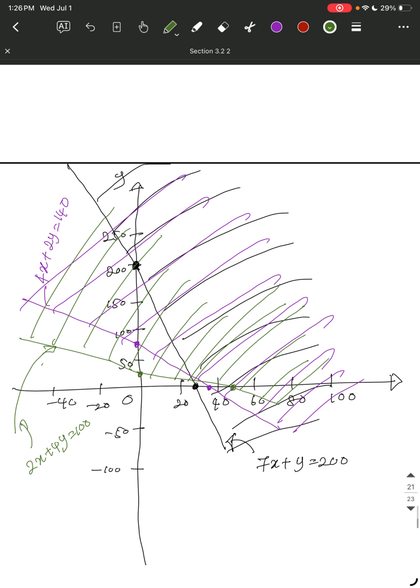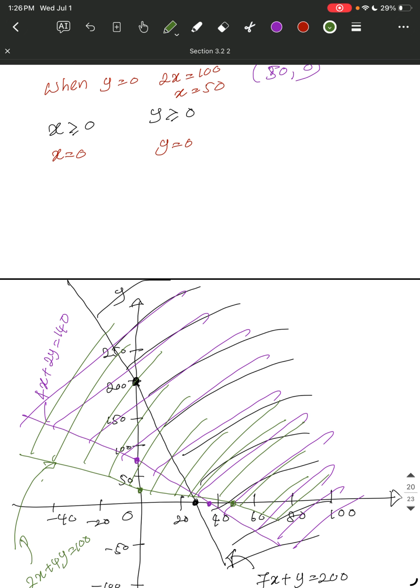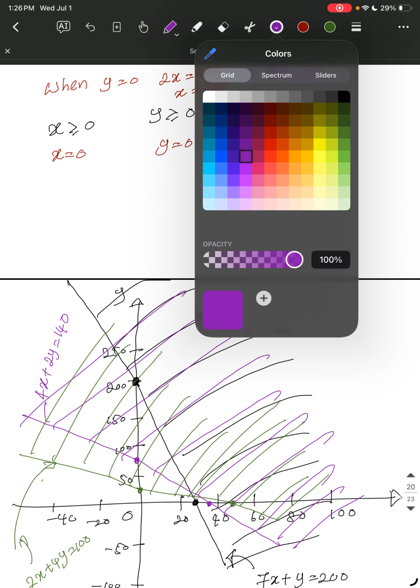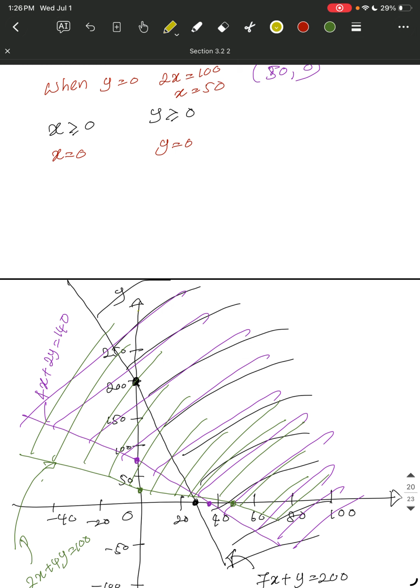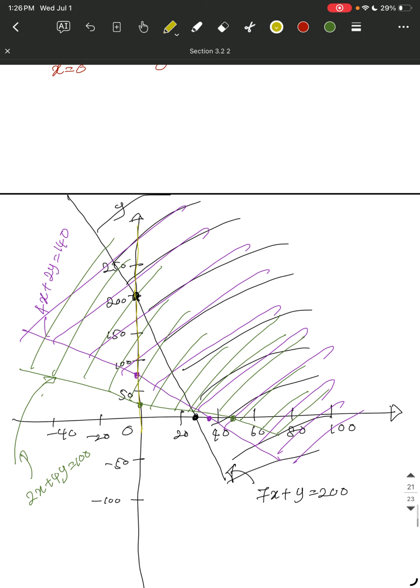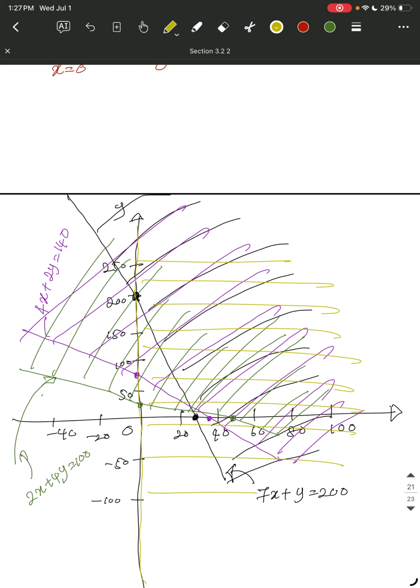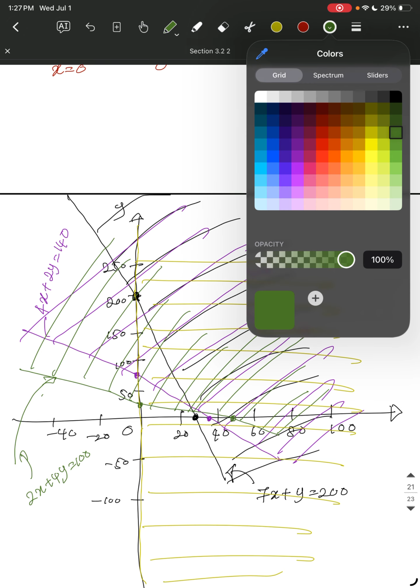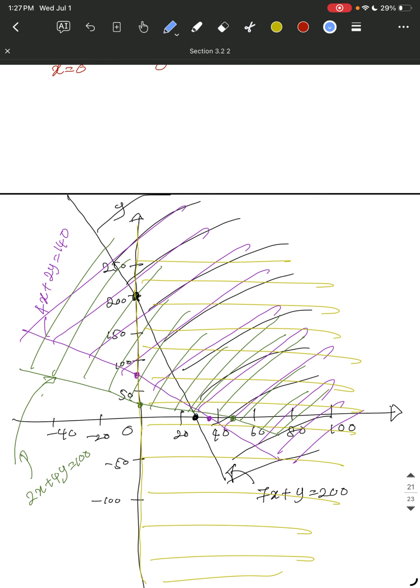Right? And x greater than 0, y greater than 0. So x greater than 0, that way. y greater than 0, the x-axis and above the axis.